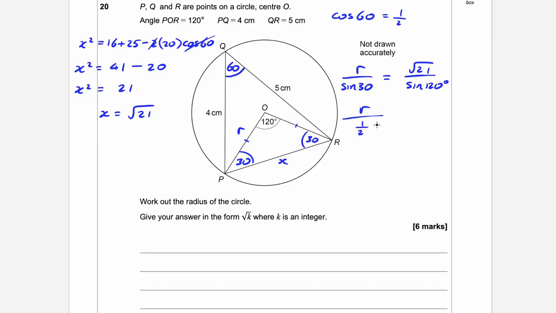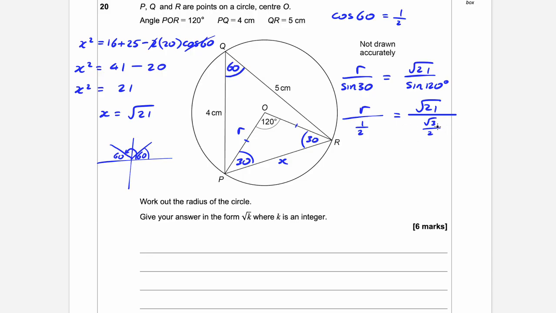That's one of the ones I need to know. So it's r over a half equals root 21 over sine 120, which I also know. You guys need to know that. If you draw your CAST diagram, it is the same as sine 60. Sine 60 is root 3 over 2.